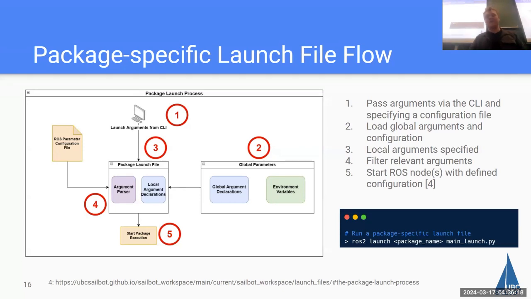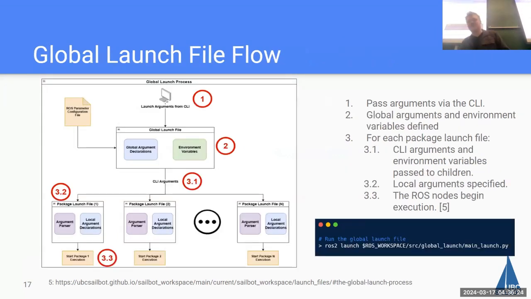But that's for the package-specific launch file. If we want to launch the entire system, we use the global launch file. The process is mostly the same this time around, except we pass in the CLI arguments, and since we're already in the global launch file, we already have access to the global arguments.